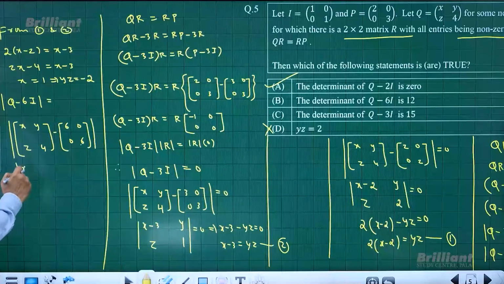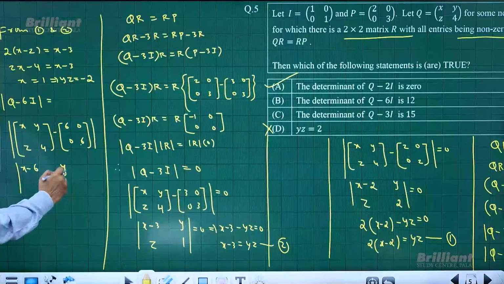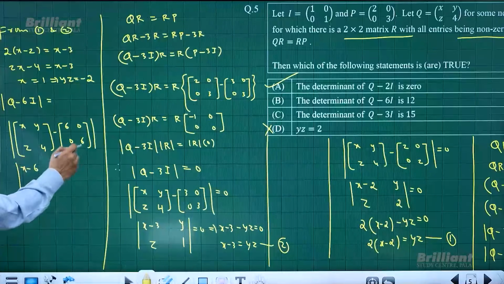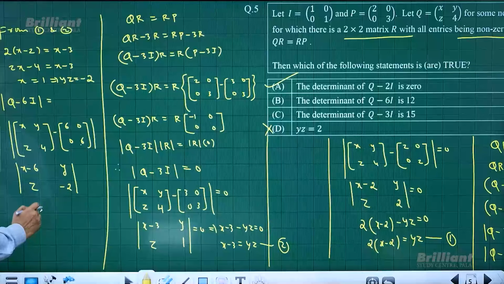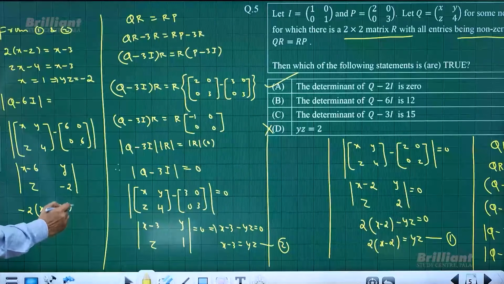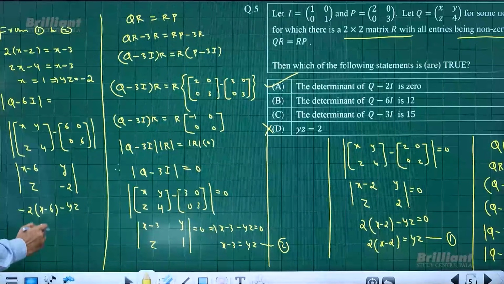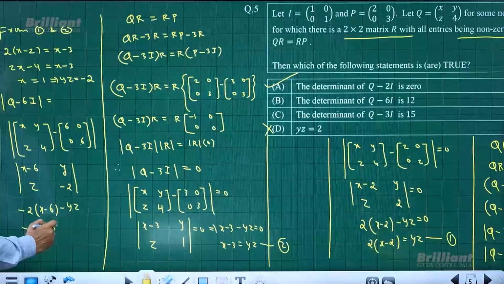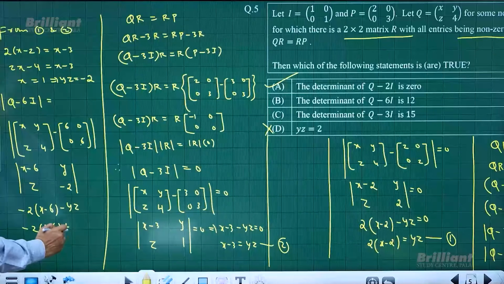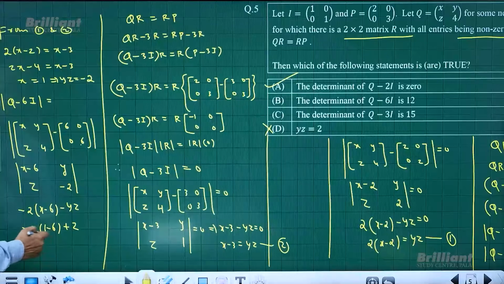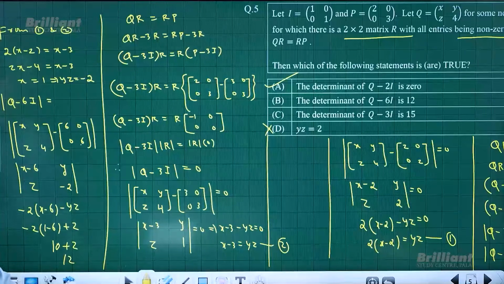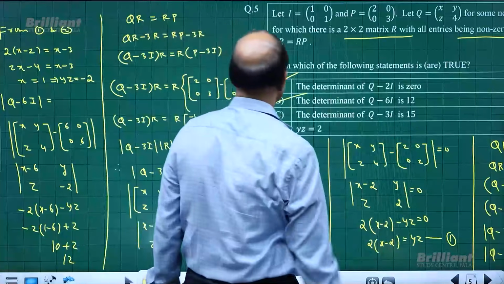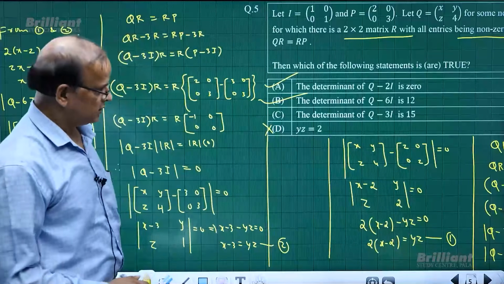Determinant of x minus 6, y, z, minus 2. This is minus 2 times x minus 6 minus yz. Now, minus 2 into x is 1, so 1 minus 6, and yz is minus 2, so plus 2. So this is 10 plus 2, which is 12. Yes, B is correct. A and B are correct.